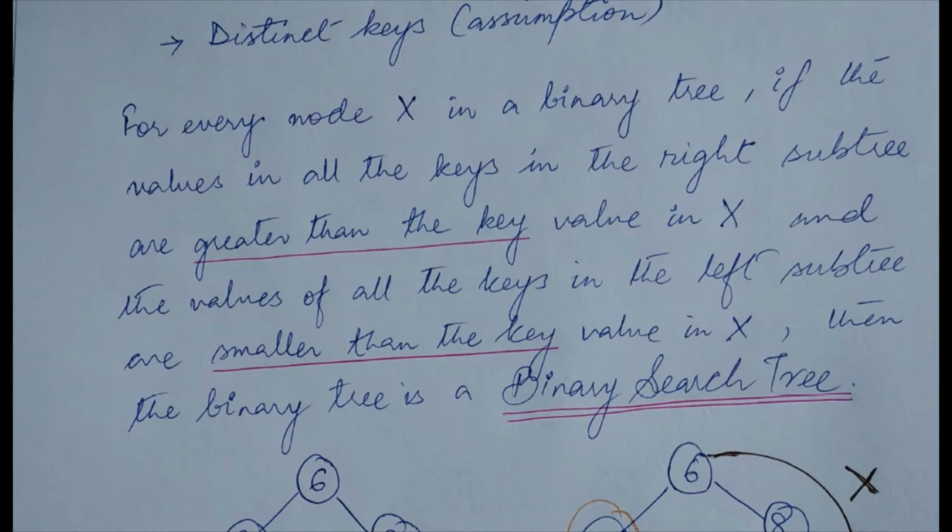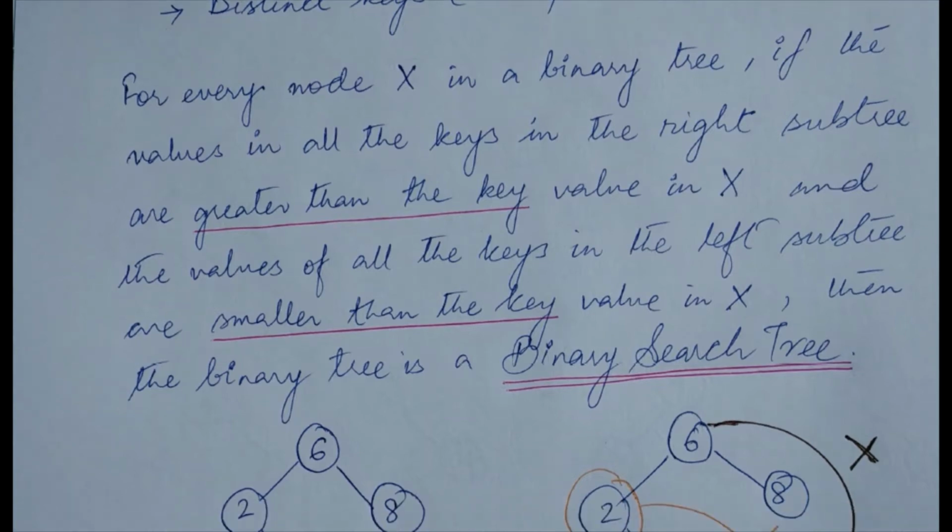If you have a root node, all the elements in the right subtree will be greater than the root node, and all the elements in the left subtree will be less than the root node. And the same definition applies to the subtrees. So the left subtree's root will have all smaller values to its left and all bigger values to its right.